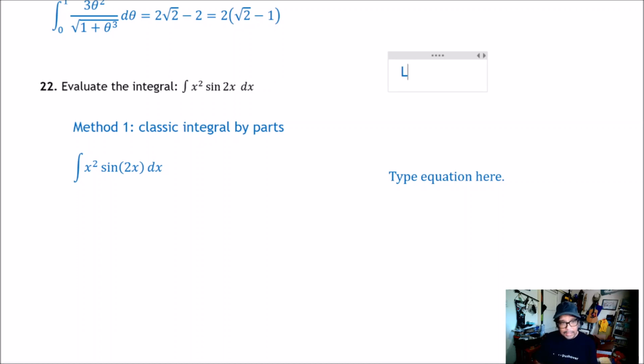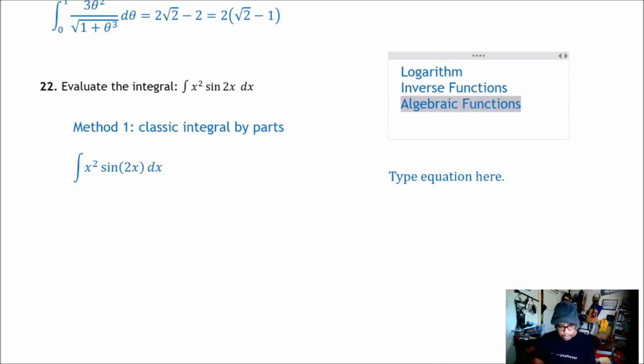L is logarithmic functions, and then I is inverse functions, specifically inverse trig functions, although inverse sines and inverse cosines also fall under that. A is algebraic functions, which is polynomials, and this is actually what we have here.